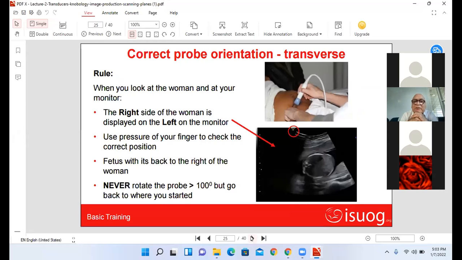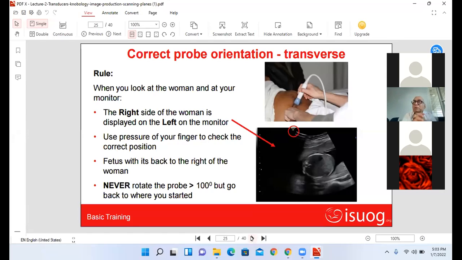The correct probe orientation is transverse, as shown in this diagram. When you look at the woman on your monitor, the right side of the woman is displayed on the left side of the monitor. We use the pressure of a finger to check the correct position. The fetus has its back to the right of the woman. Never rotate the probe more than 100 degrees; go back to where you started.